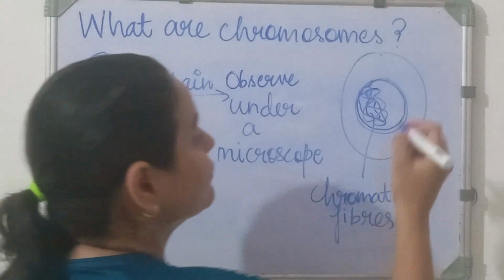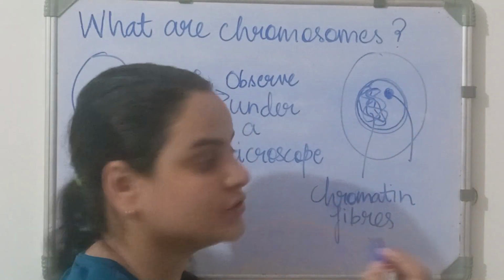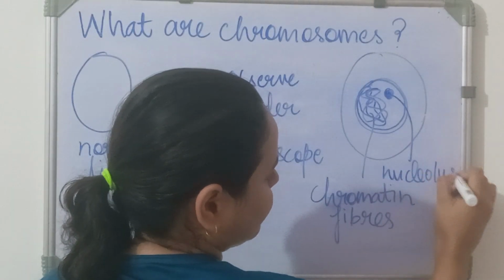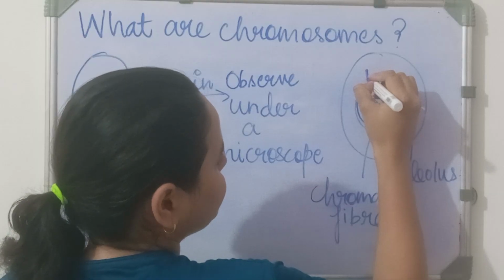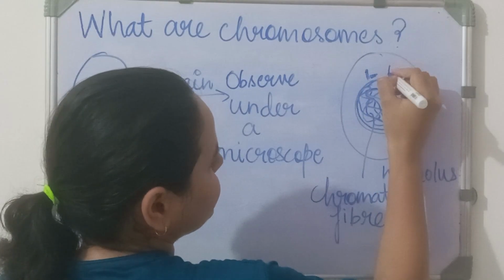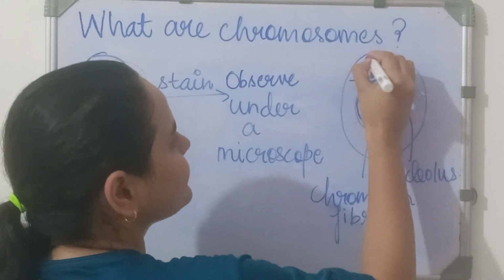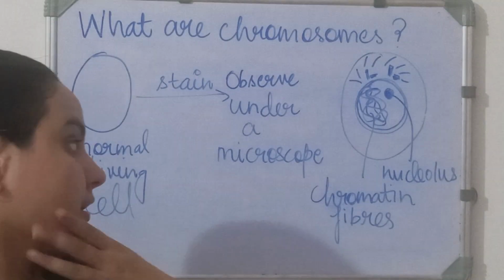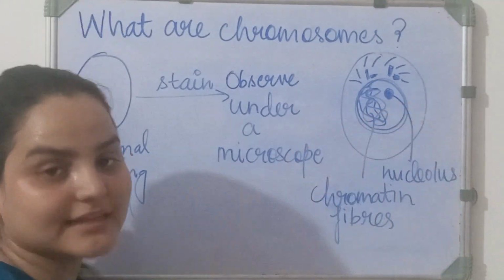You will see the nucleolus, a small rounded body, also present inside the nucleus. You will also observe these centrioles. The function of centrioles is to help in cell division. These are the structures present in the cell: chromatin fibers and nucleolus.